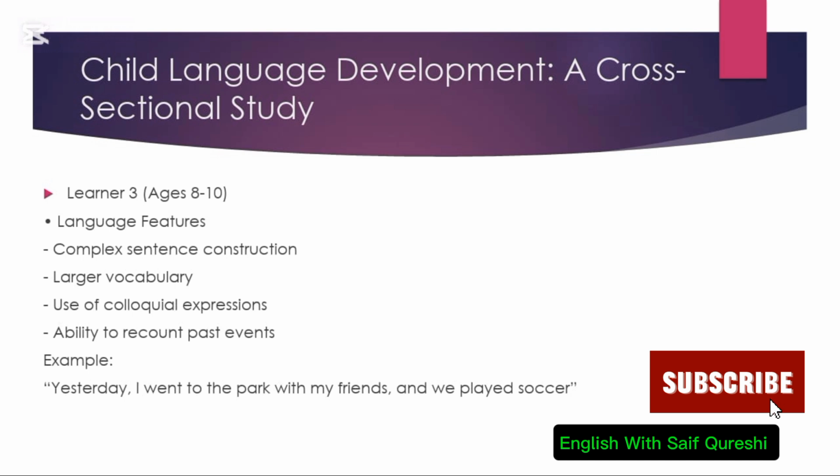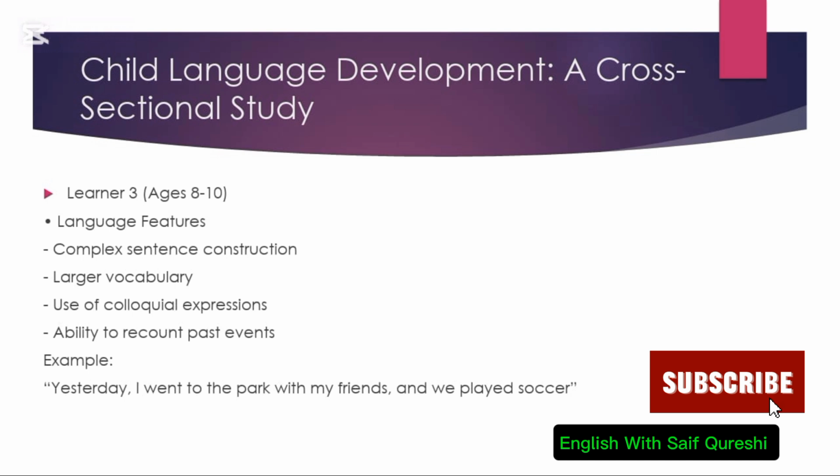They have a larger vocabulary, they use colloquial expressions, and they have the ability to recount past events. These language features are present in the learner whose age is 8 to 10 years.